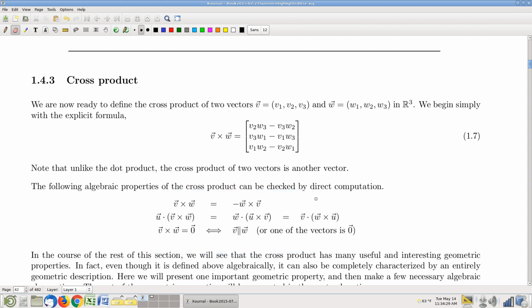So, most glaring, that minus sign, right? What's going on there? V times W is not the same as W times V when you're doing cross products.